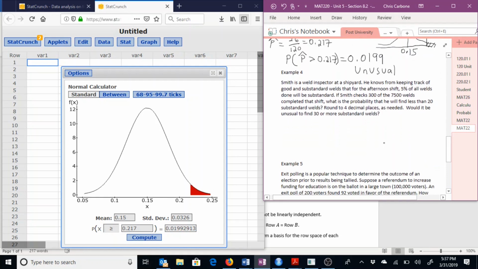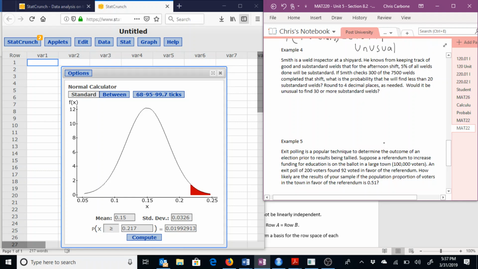So now our next example. Smith is a weld inspector at a shipyard. He knows from keeping track of good and substandard welds for an afternoon shift, 5% of all welds done will be substandard. So the population proportion is 0.05.